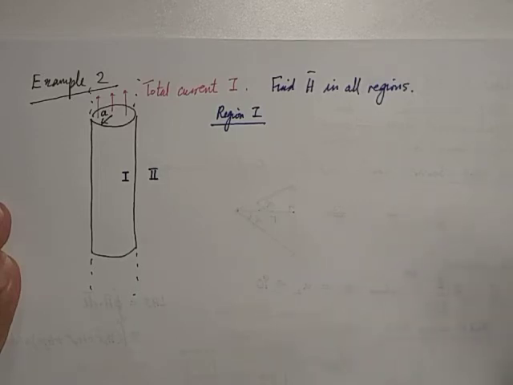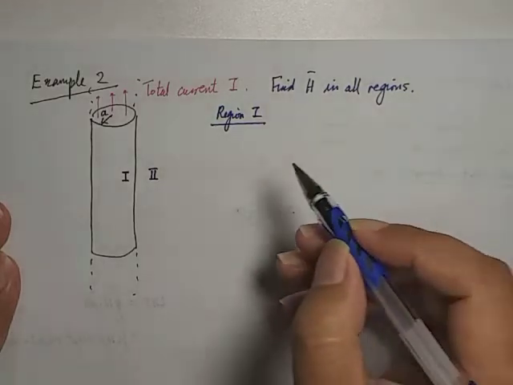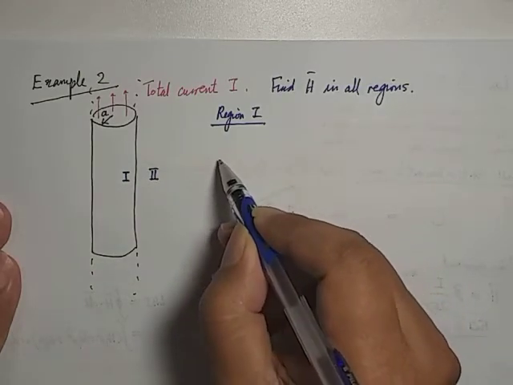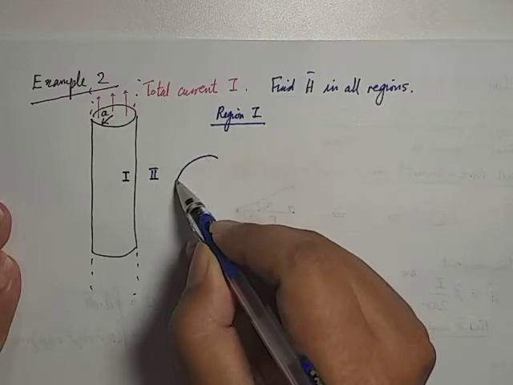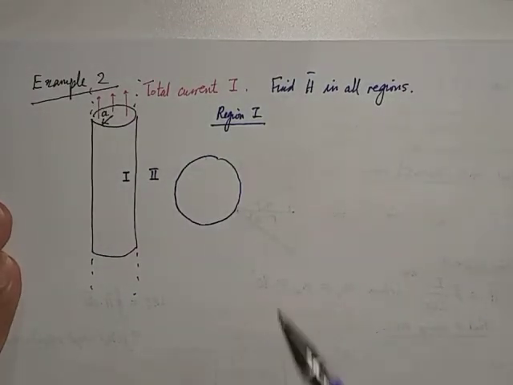Then step number 3, I'm going to redraw the problem in 2D. Remember, we draw it such that the current is coming out of the piece of paper. So this is from the top now.